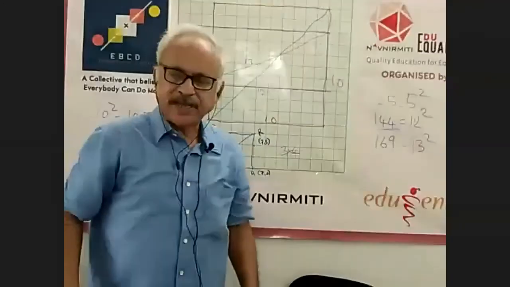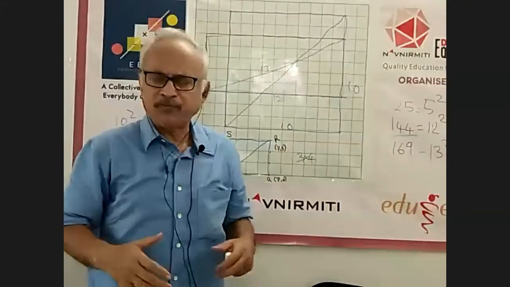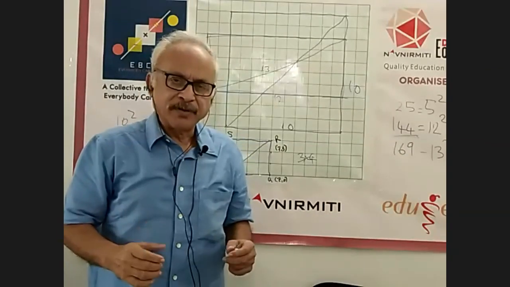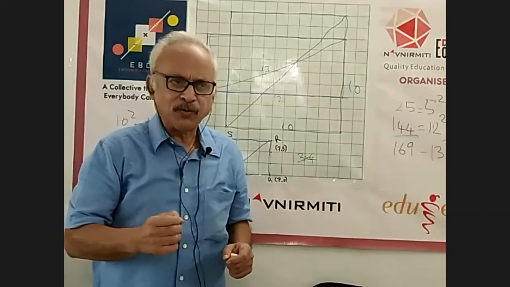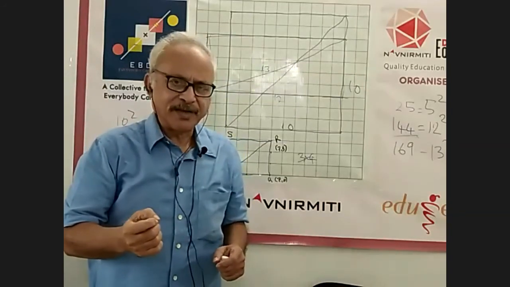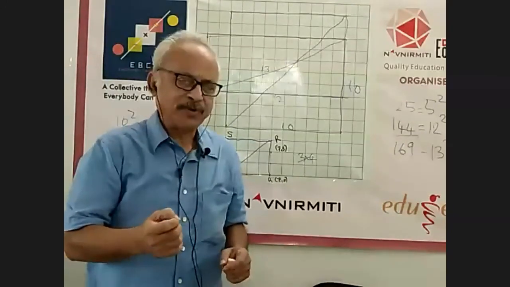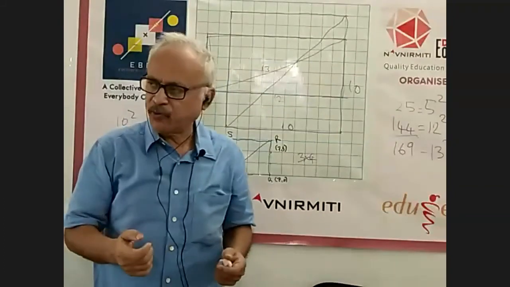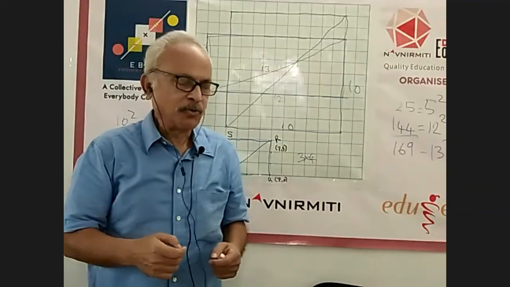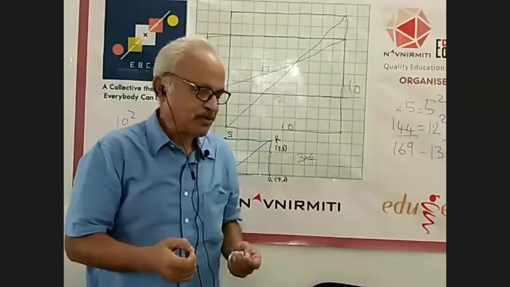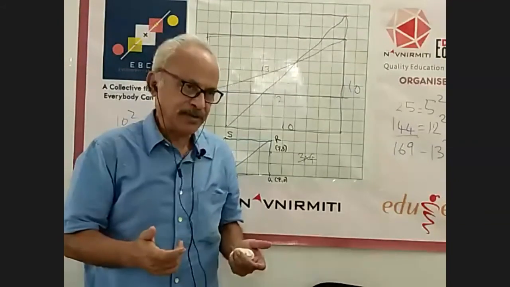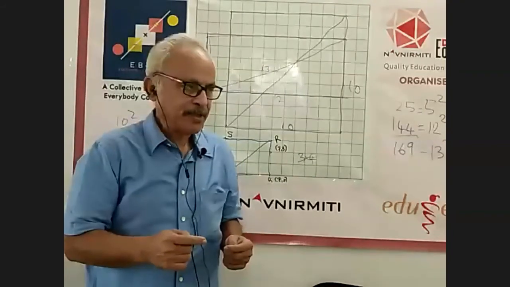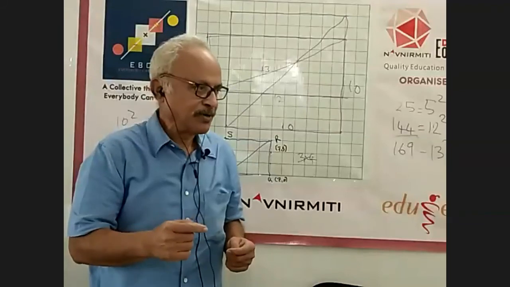Right, when you measure diagonals, somebody got 14, somebody got 14.1, somebody got 14.2. Because when you measure, there is always an error of plus or minus 1 millimeter. So the answer could be 14.1, it could be 14.2. When you actually measure, it could be 14. All of these, when multiplied by themselves, give you an answer close to 200.